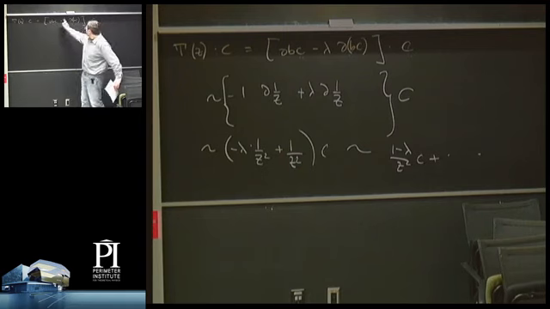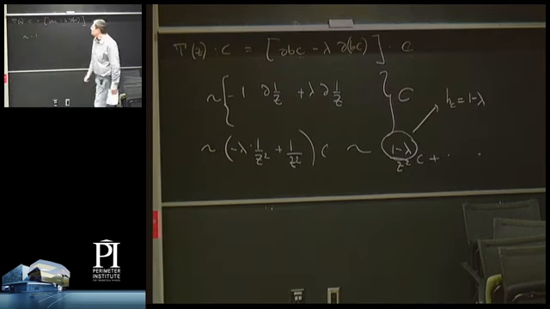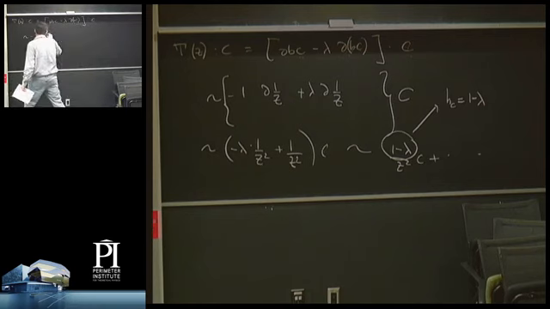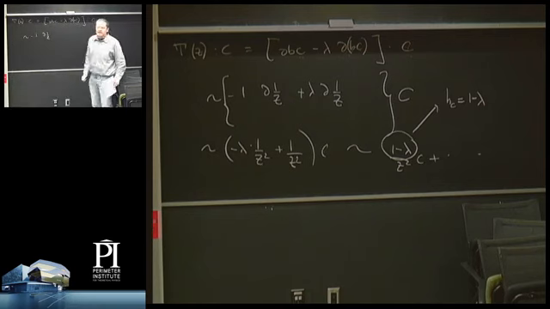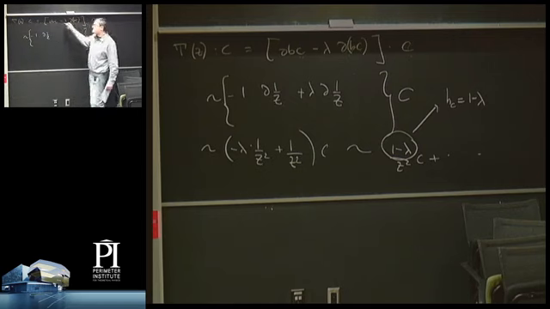But I have to anti-commute this C with this one, so there will be a minus sign, because I have to anti-commute those two C fields. And then B and C gives me 1 over Z, but there is a derivative acting on that. So I have minus 1 derivative of 1 over Z. Okay? And actually from here you can see that you are left with the field C.